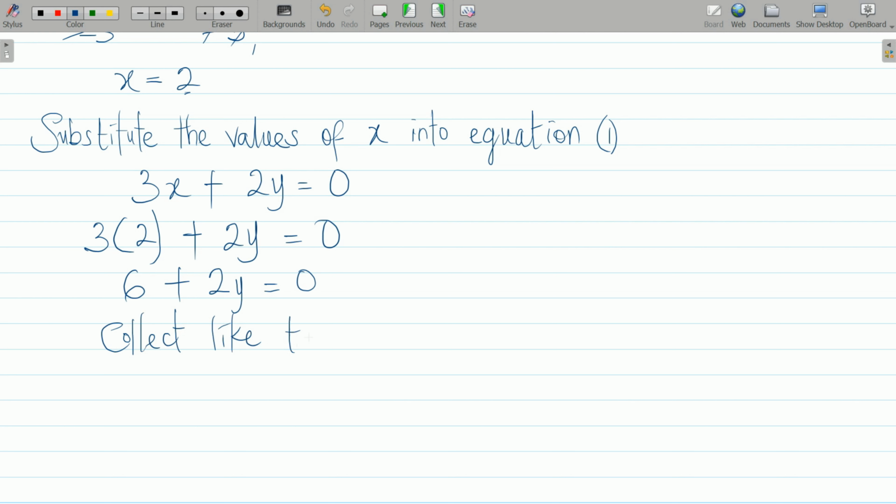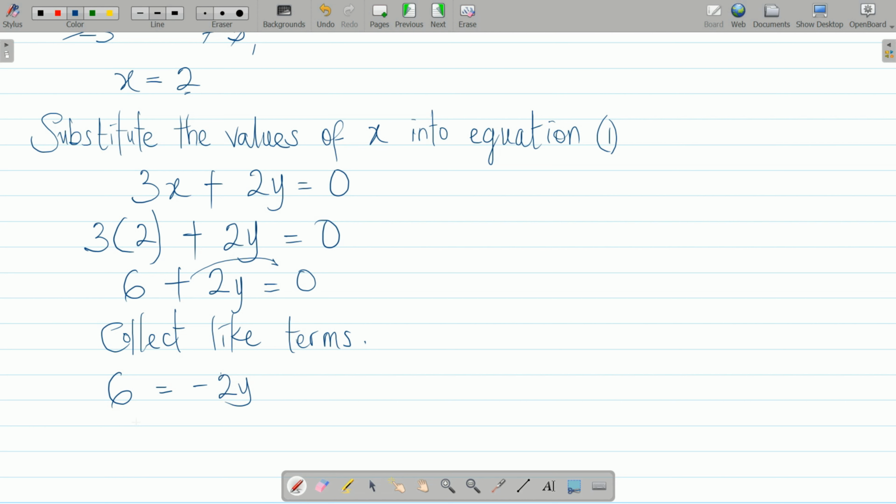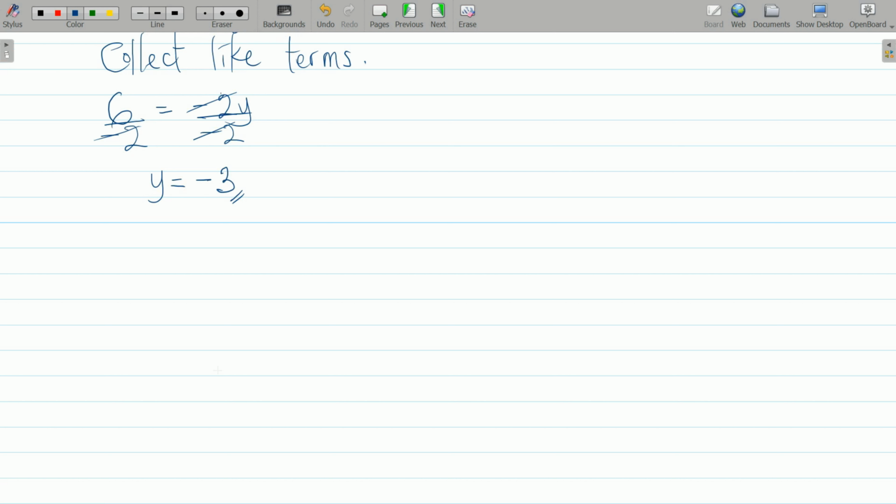Collect like terms. 6 equals minus 2y. Divide both sides by -2 since it's the coefficient of y. y then equals -3. So x equals 2 while y is equal to -3.